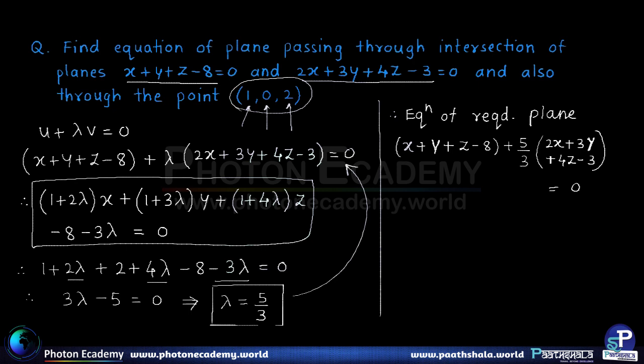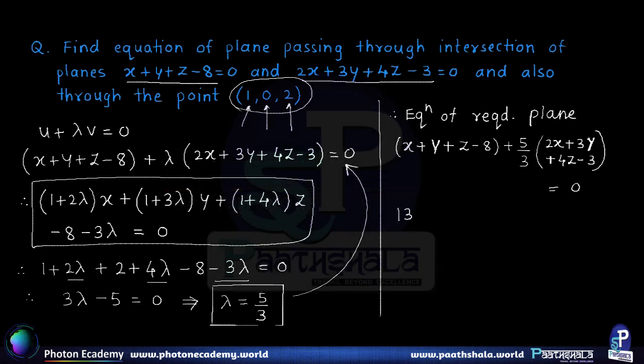Now here we multiply throughout by 3 because that's a denominator, so let's get rid of that. So we will have 3x here plus 10x, so that we can write directly. So therefore 3x plus 10x gives us 13x. Then in case of y we have 3y plus 15y, that is 18y.